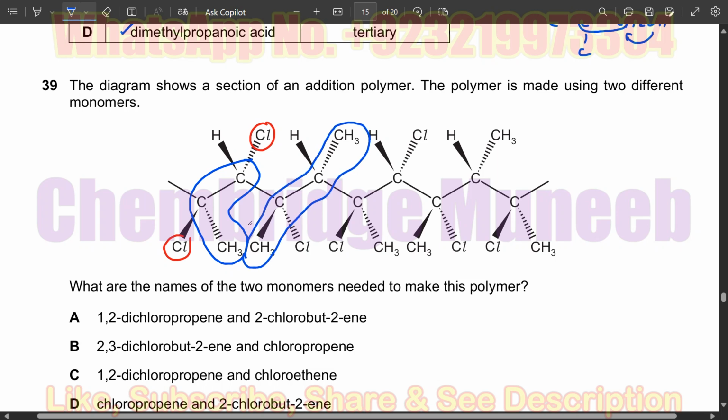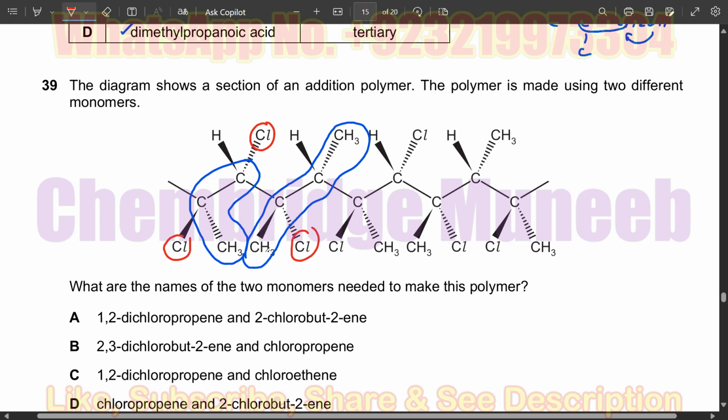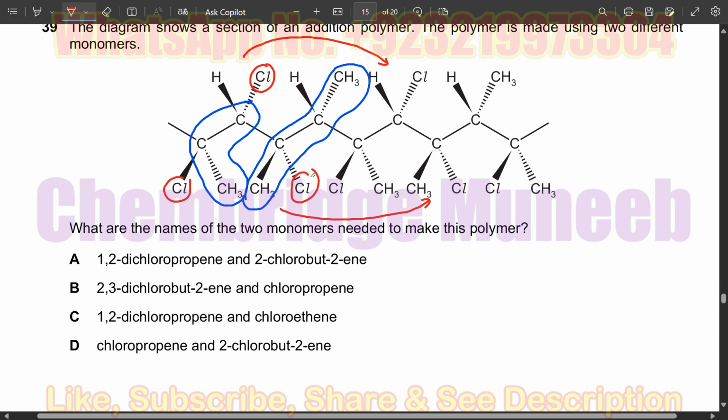So four carbon atoms are present on this chain, and this part also has chlorine atoms bonded on it over here. So the same structure will be seen in the subsequent order. This chain is present over here, and this chain is present on the next carbon. So these are being repeated, which means we have now figured out the actual monomers present here.